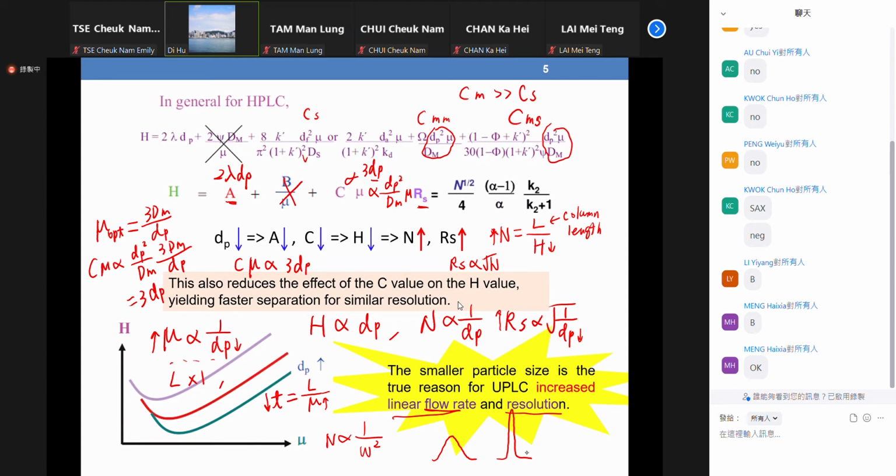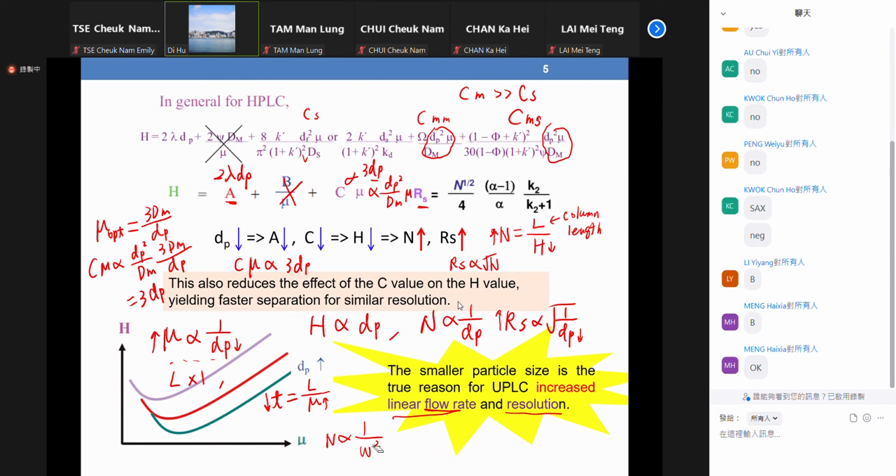If you increase the sensitivity, the peak width decreases and the peak height increases. It gets sharper and taller, so within a fixed time you can separate more peaks than before.